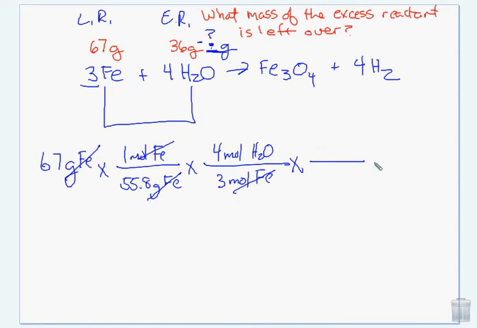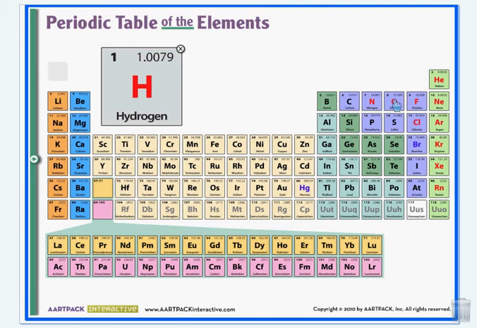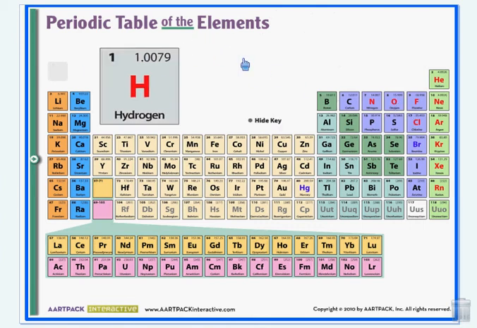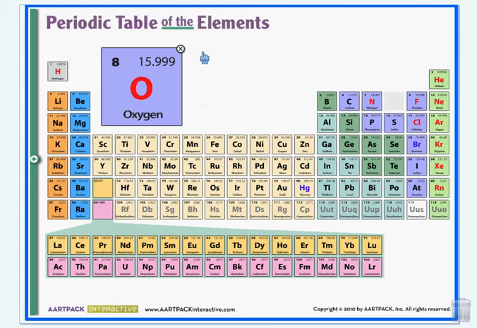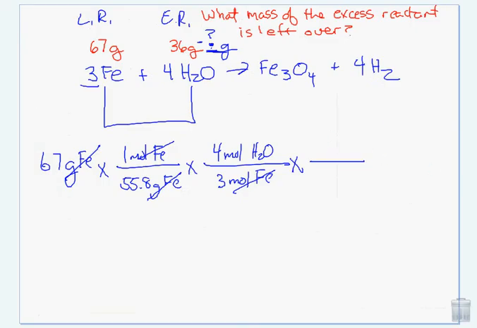Then I'm going to go back up to grams, using the molar mass from the periodic table. I count up 2 H's and 1 O, and that comes out to be 18 grams of H2O per 1 mole of H2O.